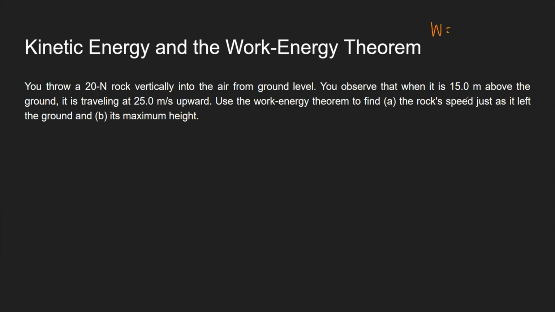Your work here, because this is just throwing, your work here is work done by your gravity equals your change in K. And the one that is moving here is a rock, so change in K of the rock. Now, the work done by gravity here is actually negative since it is in the opposite direction to the displacement of the rock.